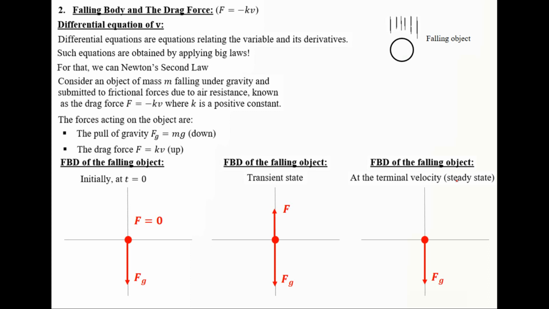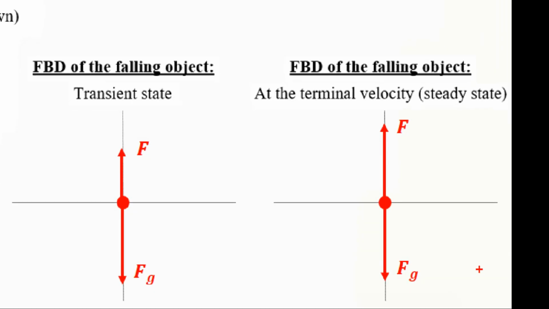Now notice that in all three FBDs, the pull of gravity is constant because g is considered to be constant. But at the steady state, the drag force will be balanced by the pull of gravity, and in this case the falling object will reach a velocity known as the terminal velocity.